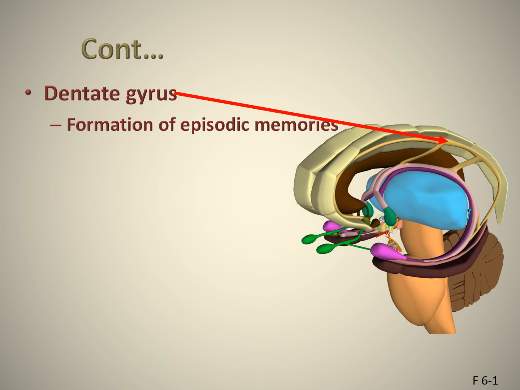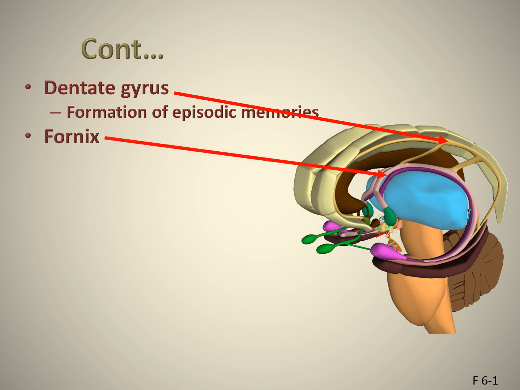These type of memories are created by the dentate gyrus. This is one of the areas of the brain that develop late. That is, most of it is formed after the animal is born. In some experimental animals, it has been shown that up to 85% of this area is developed after birth.